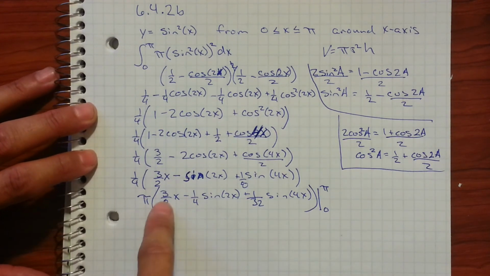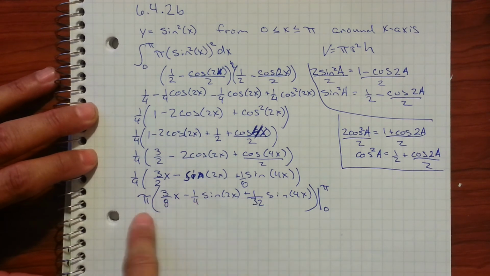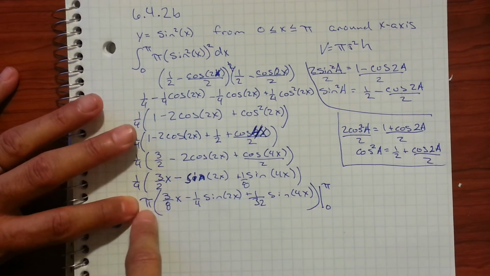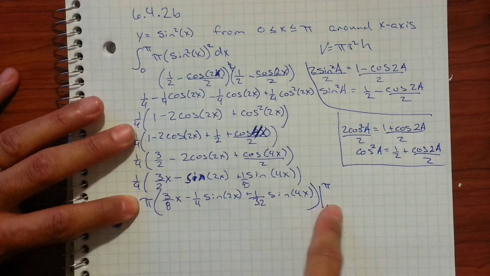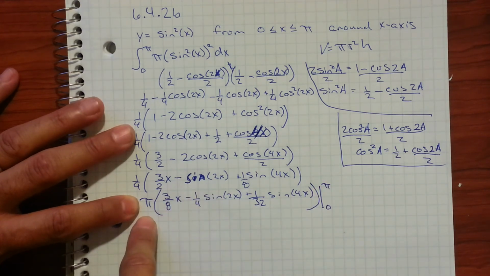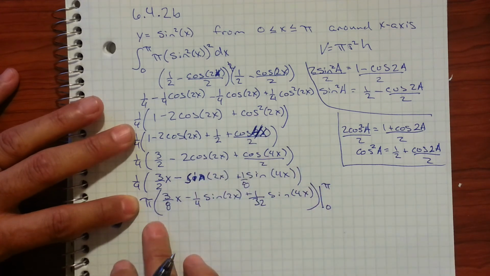So let's take a look. I'm going to leave pi on the outside. So I'm going to go ahead and do my from 0 to pi, and then my answer is multiplied by pi, whatever I get there.